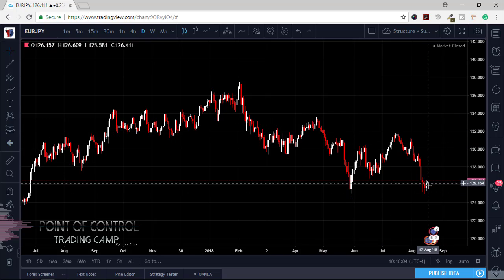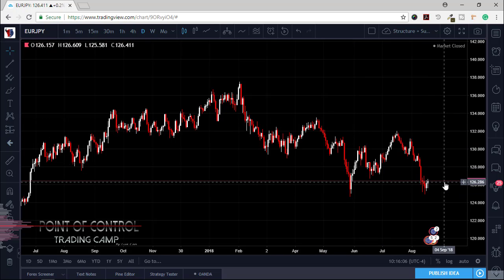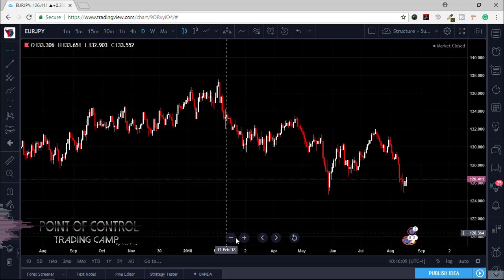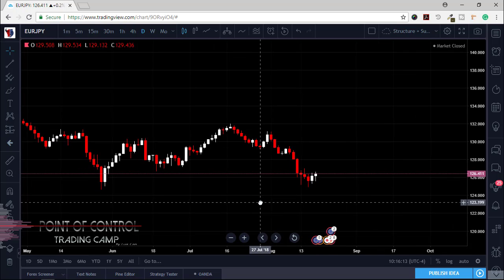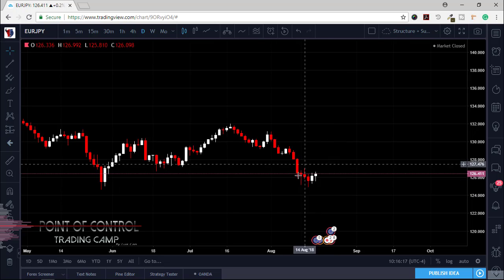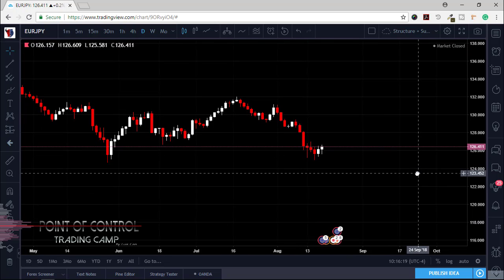So when I look at a candle from opening to close, I can get a very good idea of what the market is trying to show me in regards to the type of environment that we're in.